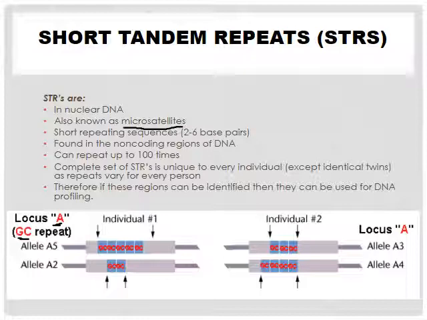Individual 1 has 1 allele for that locus which has GC repeated 1, 2, 3, 4, 5 times. And then on his other allele he has that sequence repeated 1, 2 times. So at the STRA locus, individual 1, we would say his genotype is 5/2.